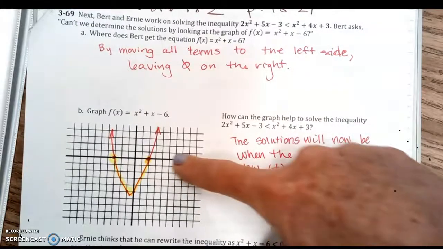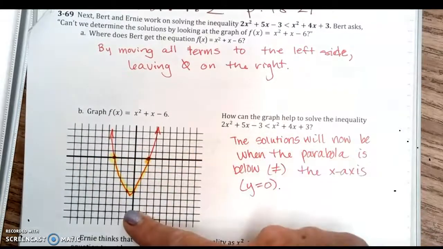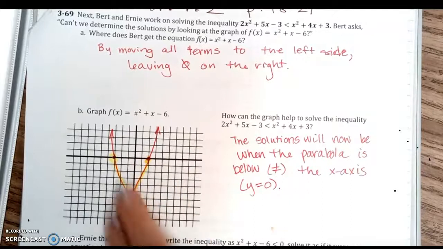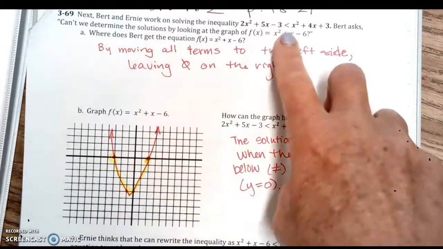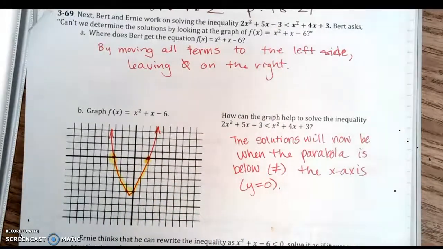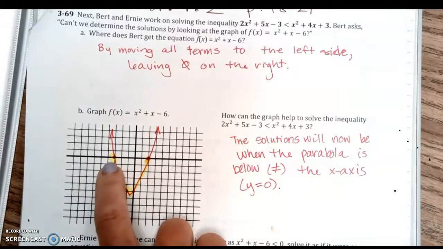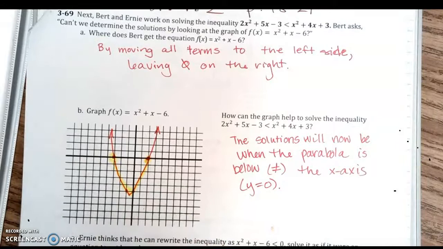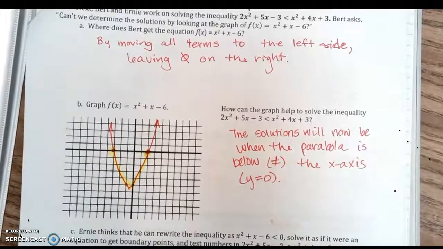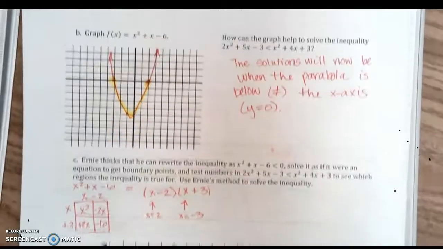So from here down will be that solution based on the inequality less than, okay? But not including this point or this point. We're just saying below it, okay? Any questions on that? All right, let's look at part C.